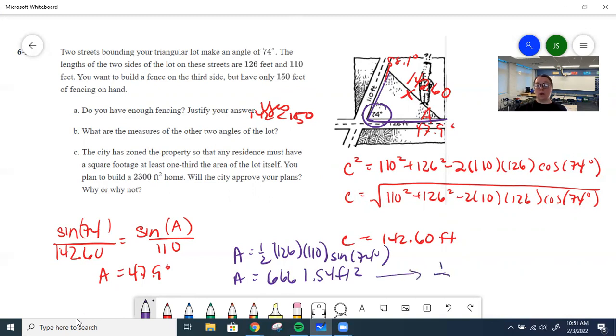So 1/3 of the area comes out to be 2,220.51 square feet. And so a 2,300-square-foot home is at least this, so you could build your home that way. All right, that's it for law of sines and cosines.